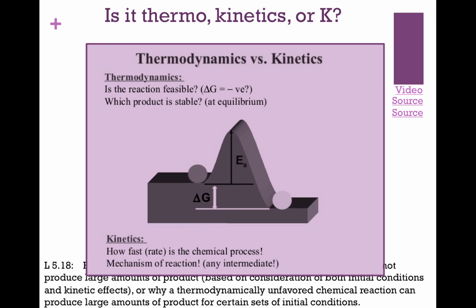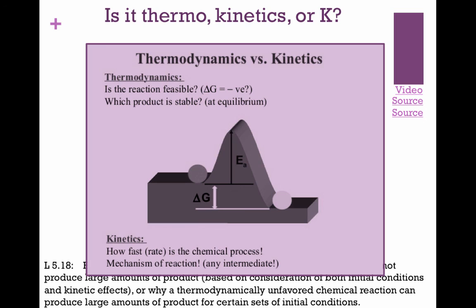Let's see, what were other terms that we had with delta G? I tried to write all of them out. If it specifically says are products or reactants favored at equilibrium, you're probably going to be dealing with KEQ, the equilibrium constant. If it talks about how fast a reaction is, you're dealing with kinetics.